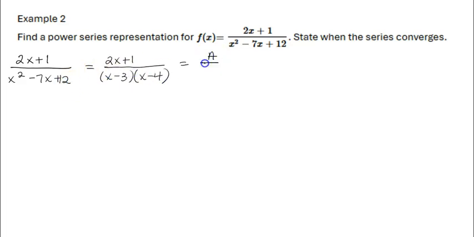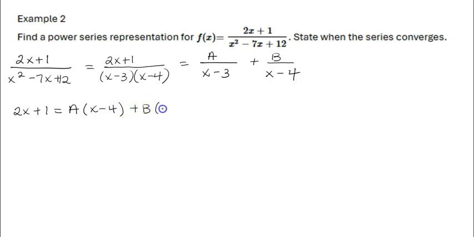So I'll set up my 2 undetermined coefficients. I will multiply through and clear out my denominators. And I will let x equal 4.